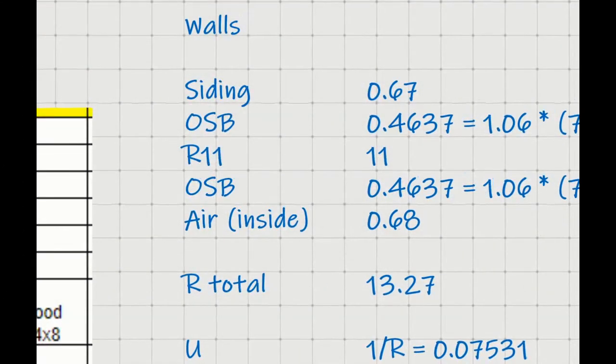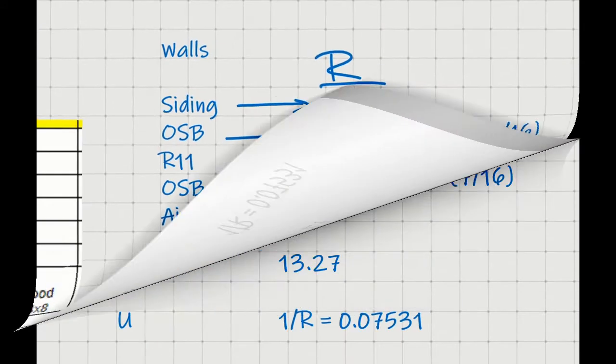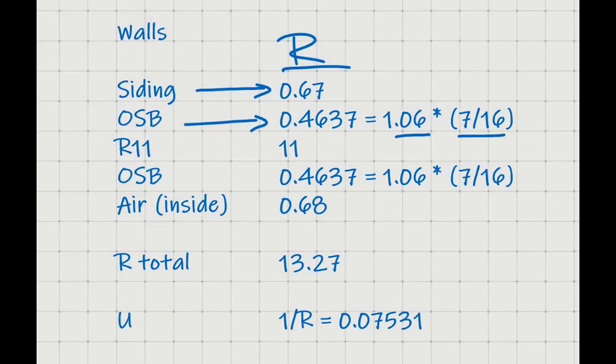So looking at the wall, our siding is 0.67. These are just R values, so this is R. OSB, if you take 1.06 times 7/16, that's because that's the R value per inch, and we don't have a whole inch, so we multiply those together, and we get 0.4637.